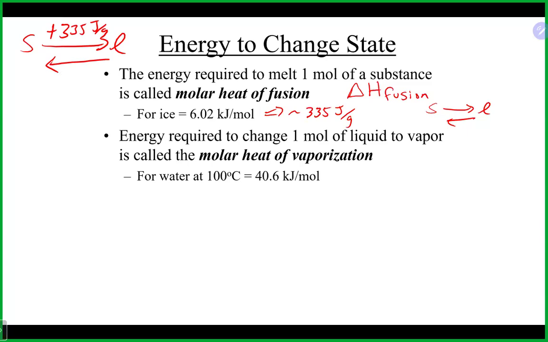That is a negative number. The number is actually the same, but the sign is different to indicate that it's being released. That would be negative 335 joules per gram for water. So the heat of fusion is the same regardless of which way you're going. Just like with energy, we use the negative or positive version to indicate an endothermic or exothermic process.